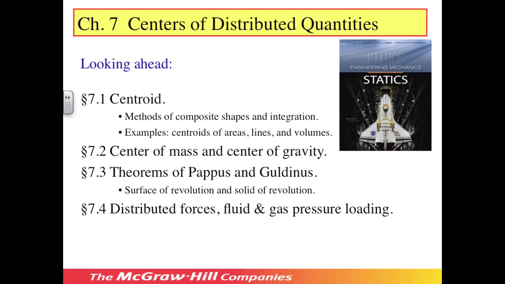Instead, in many instances, we can replace a distributed weight with the total weight acting at an effective center. If the object is symmetric about one or more planes, it is intuitive that the effective center is coincident with a geometric center. But how do we identify such centers more generally? We will discuss the process by which we evaluate such centers in Chapter 7.